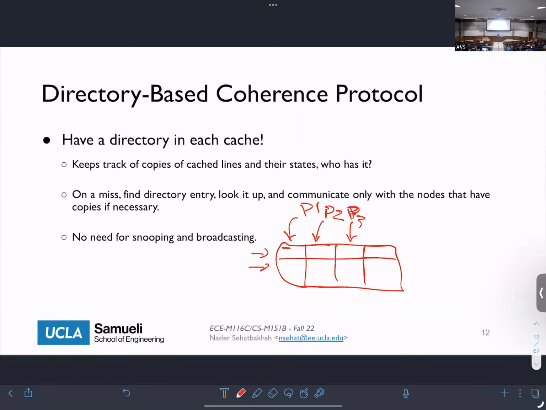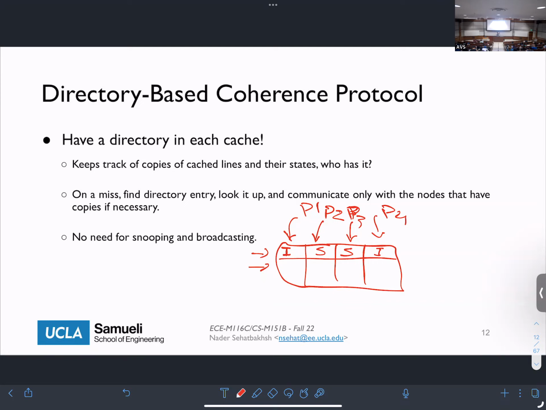So for example, say P1 is in I, P2 is in S, P3 is in S, maybe P4 is in I as well. For every line in the cache in the lower level, we can have that for the higher levels. This way, we don't need to broadcast anything.